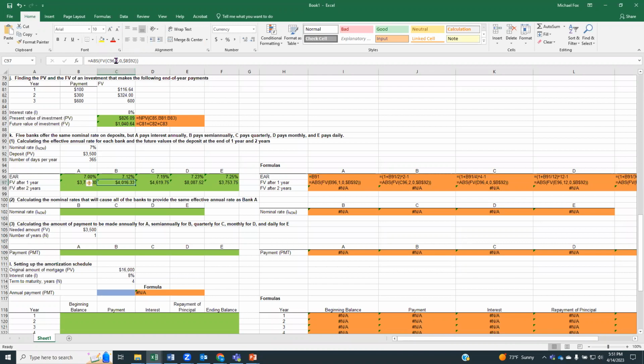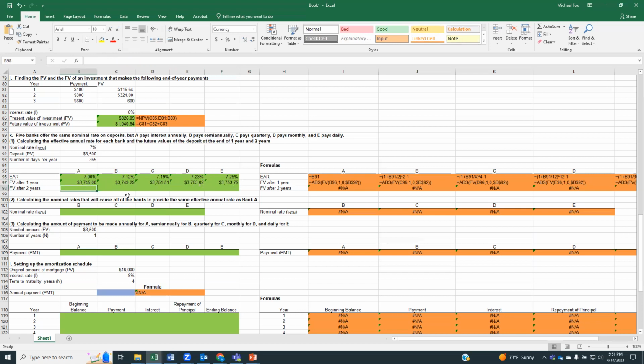Oh, so I was wrong about that. We don't want to adjust those. The reason is because we've already adjusted by changing the rate, right? By figuring out this effective rate, that already adjusts for the fact that there's the compounding. So I don't want to change the number of periods. So after a year at this effective rate, this will be the amount I've earned. So you'll see it gets higher and higher as we go across.